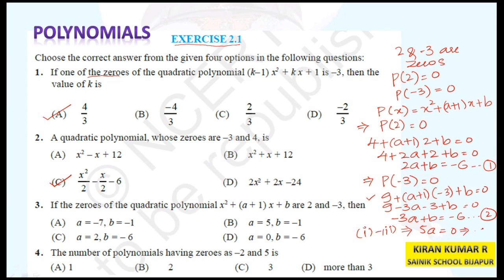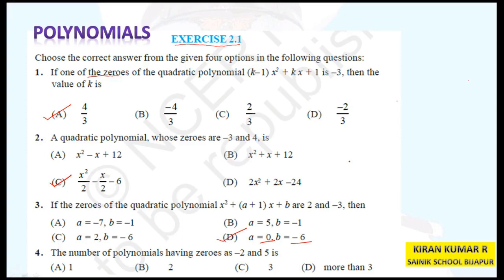So a value is 0. If a value is 0, find the value of b. So b becomes minus 6 minus 2 times 0. So b value is minus 6. So where is the option for a equal to 0 and b equal to minus 6? It's in option D. So the right answer is option D.